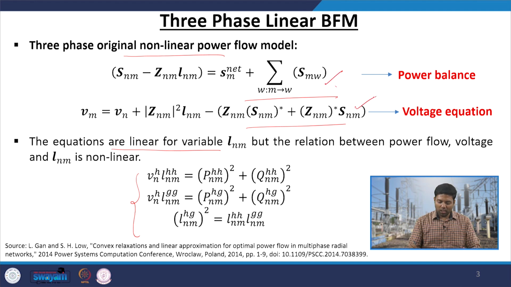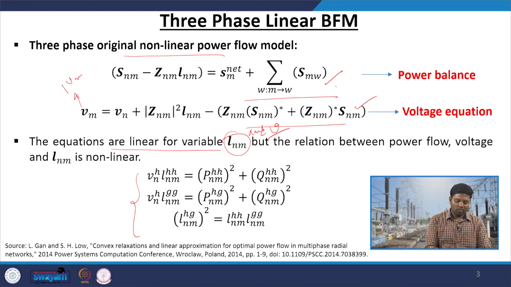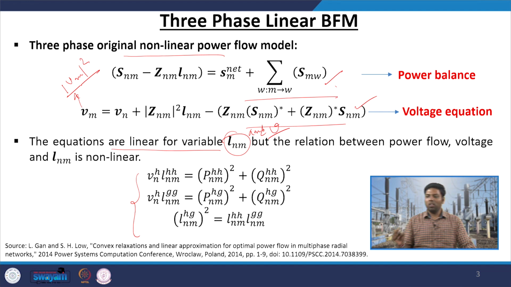These two equations are linear for variables l and V. If you replace this V with V square, then it is no more linear. So keep in mind we have to solve keeping small v as the variable, not capital V square.